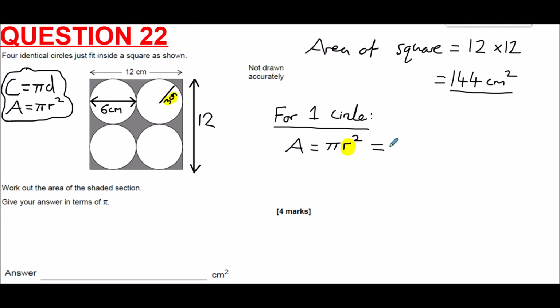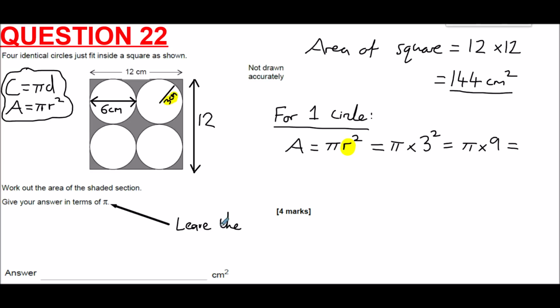So pi r squared means pi multiplied by 3 squared. 3 squared is 9. So it's pi times 9. But because we're leaving our answer in terms of pi, we're going to leave a pi symbol in there.